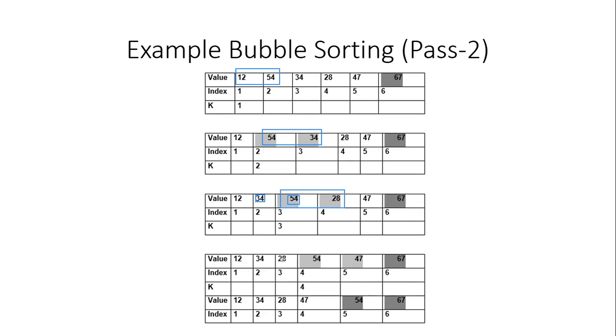Yes, there is a need to swap these two numbers. 28 comes here and 54 goes here. Now check 54 with 47. Yes, there is a need to swap. 47 comes here and 54 goes here.